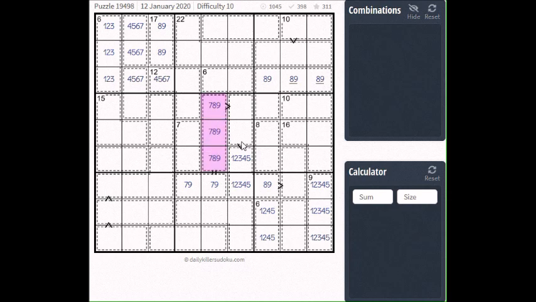On the other hand, if 7 and 8 are here, then the minimum value for this cage would be 178, which makes also a 16, and it cannot be greater than 16 because this is limited by 16. So what I am saying is that in both cases, either the 7 and 8 are here or they are here, in both cases, here we would have 7 and 9.